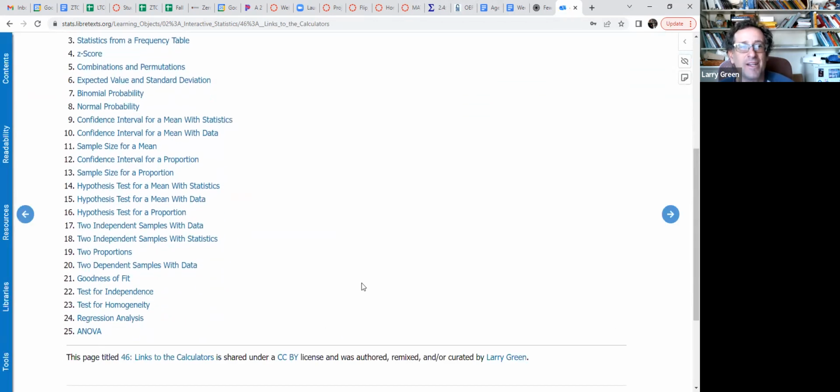If I go back to the calculator menu, any guess on what calculator I might want to do? Looking for a number. Number 9, not quite. Number 13, good idea, but we don't have a proportion. The survey question is how much money did you make or do you make? And that's not a yes, no question.